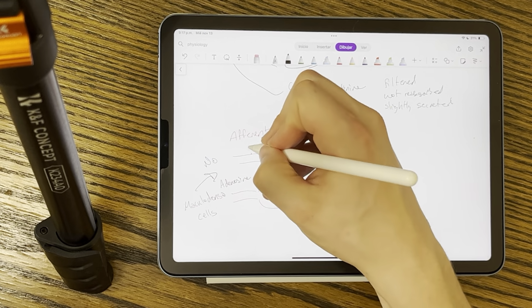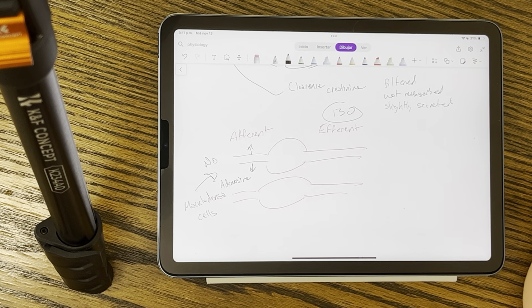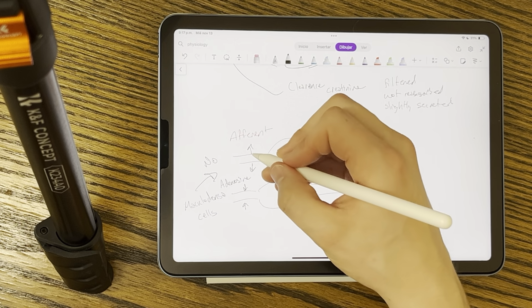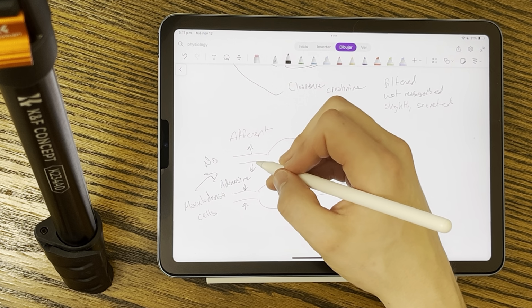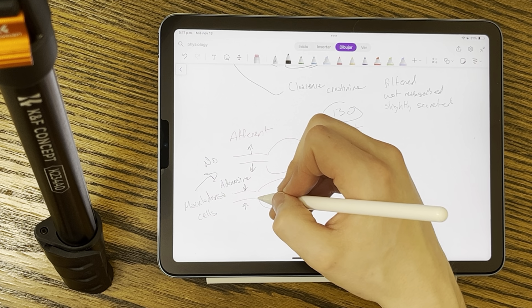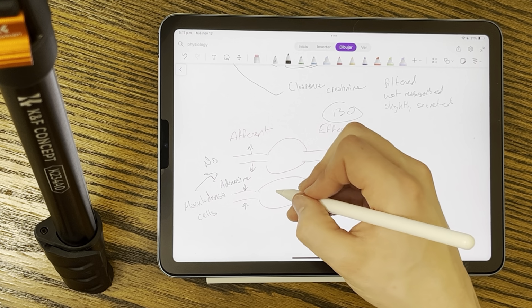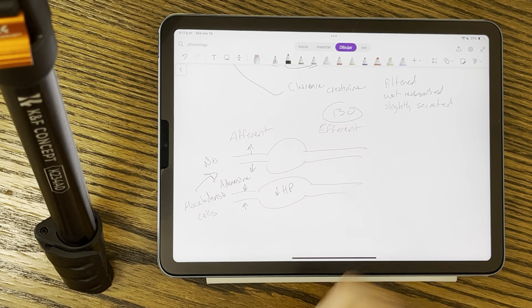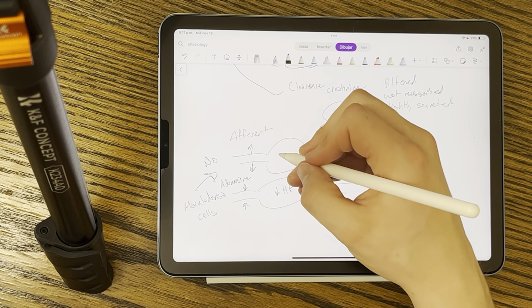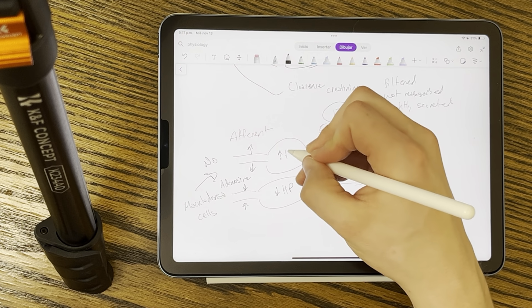So this is going to cause vasodilation, and this is going to cause vasoconstriction. So typically, vasoconstriction is going to cause an increase in hydrostatic pressure. However, in this case, it's going to cause a decrease in hydrostatic pressure. And then here we're going to get an increase in hydrostatic pressure.